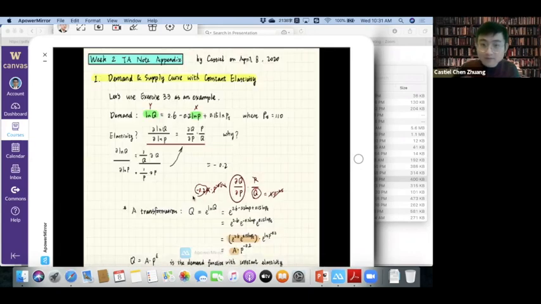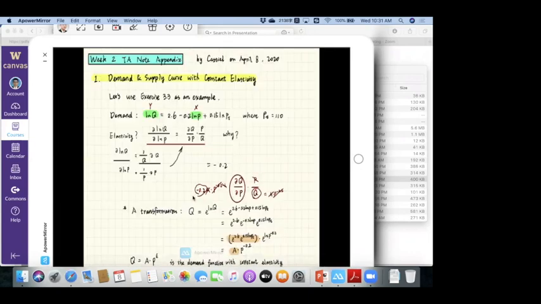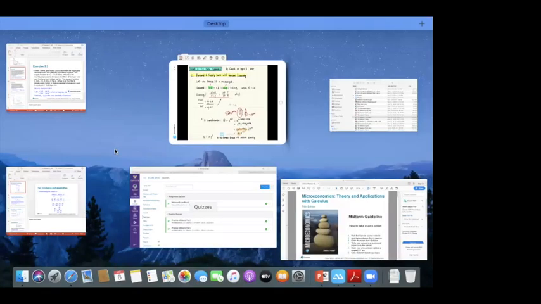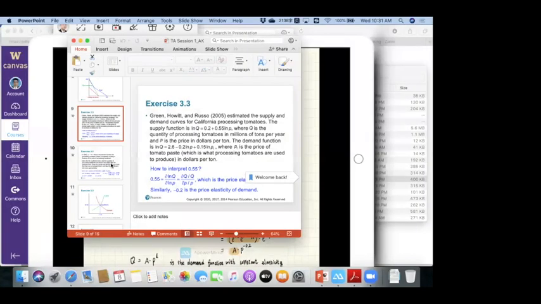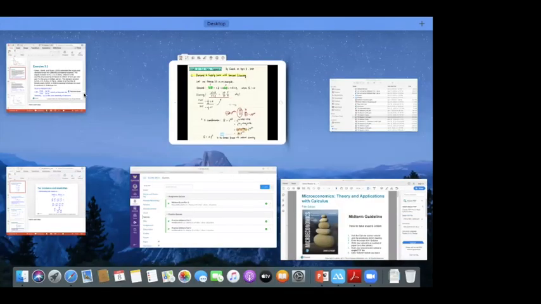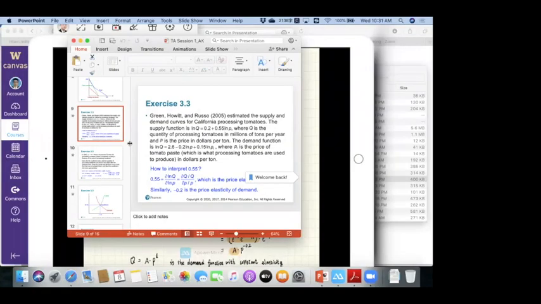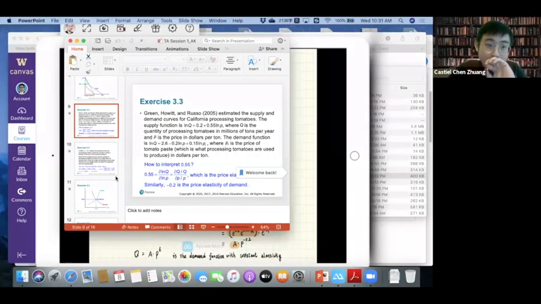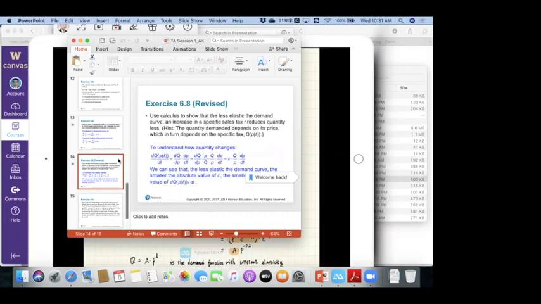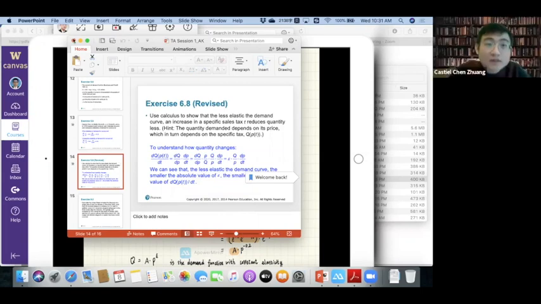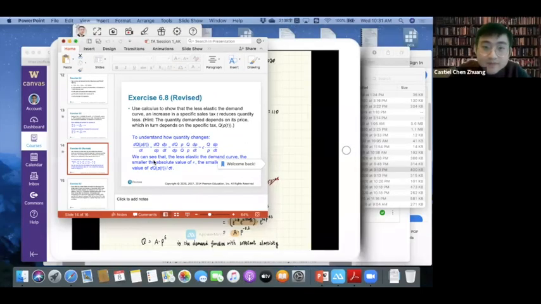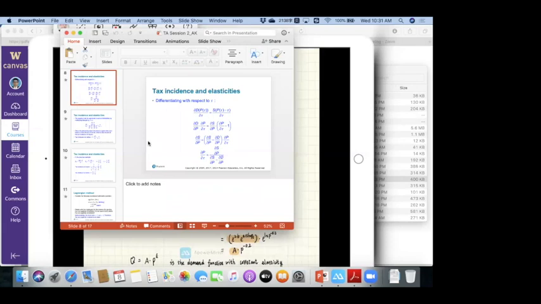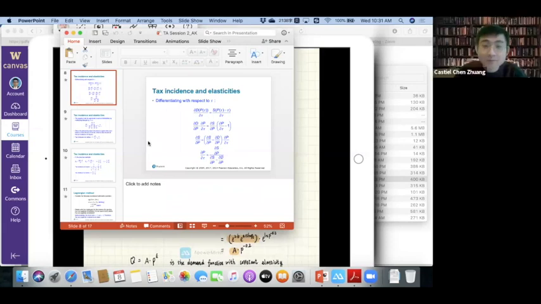Yeah, actually, I had a question about the last thing you did in the chapter 3, talking about the elasticities using calculus. Oh, you mean 6.8? No, in the TA session for using the deadweight loss and calculating. Okay, you mean how to calculate tax incidence using calculus, right?